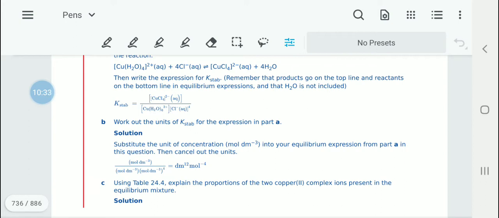That is going to be mole per cubic decimeter divided by mole per cubic decimeter, mole per cubic decimeter. So then it is going to be dm to the power 12 mole to the minus 4, because the concentration of Cl- is to the power 4. I hope you understand that.